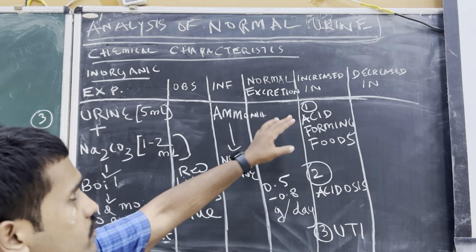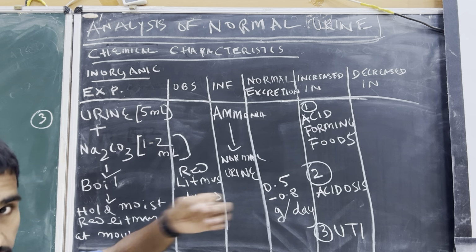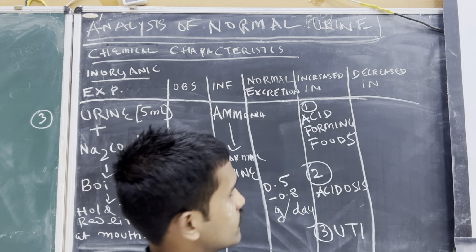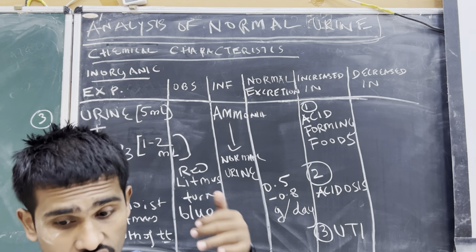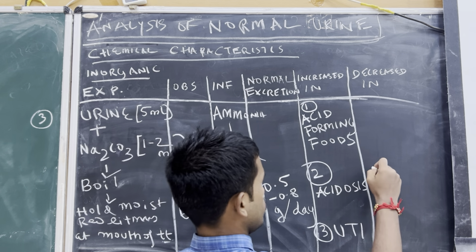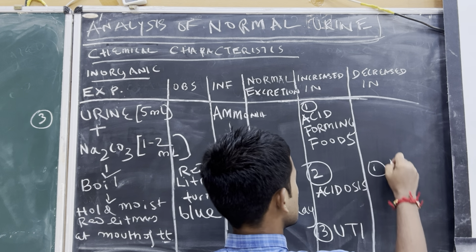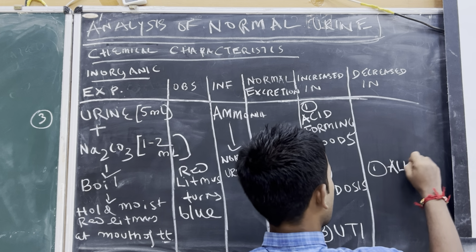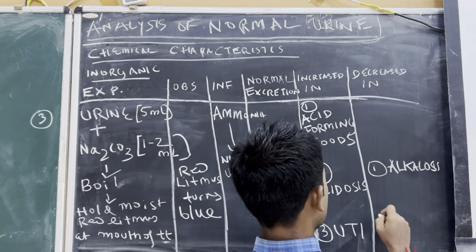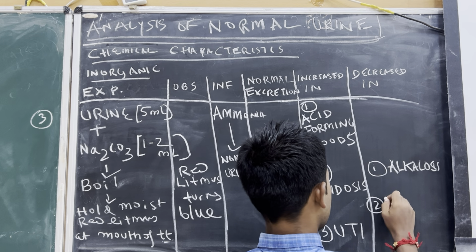So in these conditions you will find more amount of the ammonia being excreted in the urine. And which conditions do you find ammonia excretion in the urine decreased? Simple. Here if you have acidosis, obviously you will have alkalosis here. Obviously. And nephritis.